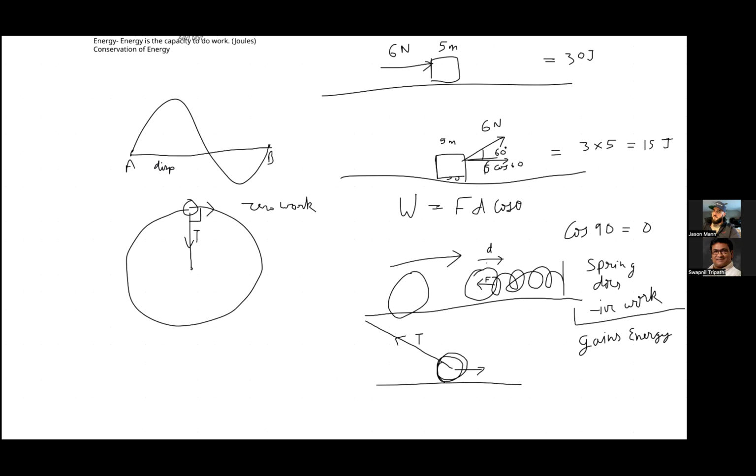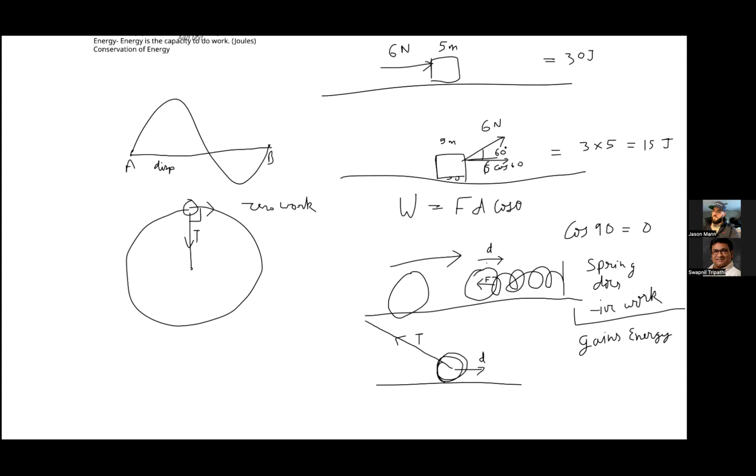So as the bowling ball is moving this way, this elastic string is being stretched, and so this force is being applied in this direction. Even though this force is not directly opposite, it is generally in the opposing direction, and its effect will be to slow down the bowling ball, right?